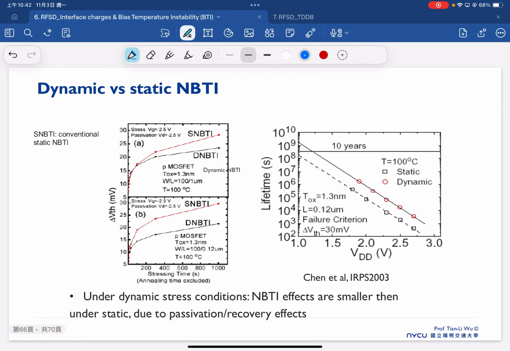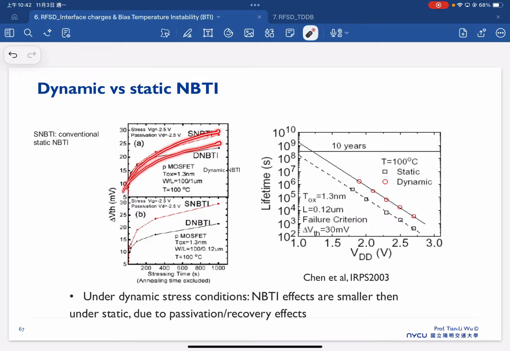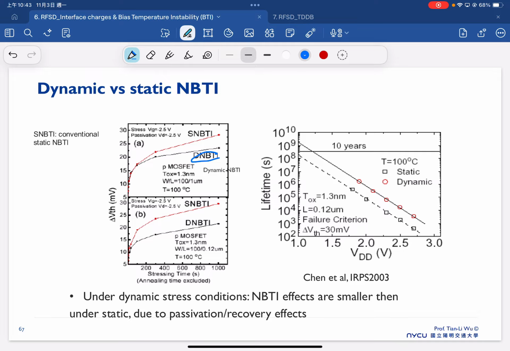So here is one example, the difference between the conventional static NBTI versus a dynamic NBTI. So now you can see this is conventional, this is dynamic. So under dynamic stress condition, the NBTI is smaller than the static, which is mainly due to the recovery effect.